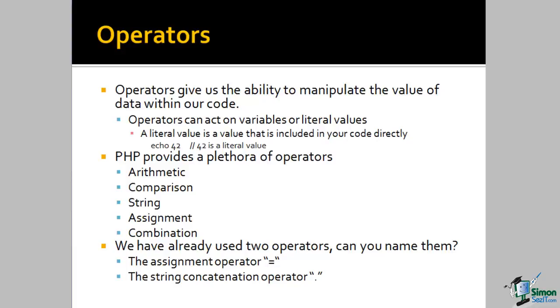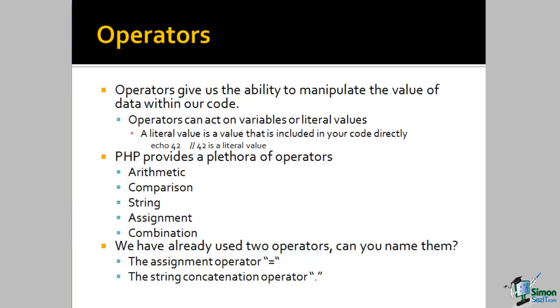The assignment operator, the single equal sign, says take this value and assign it to this variable. We've seen that. And we've also seen the string concatenation operator, which is the dot, the period, that says take this string and add it to this other string to make one big string.